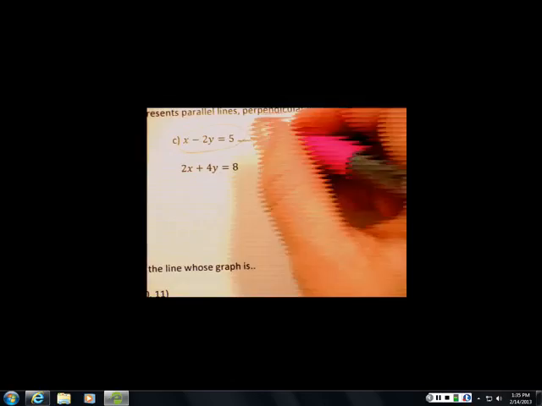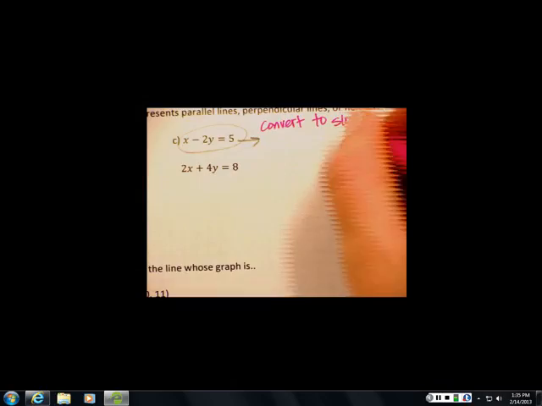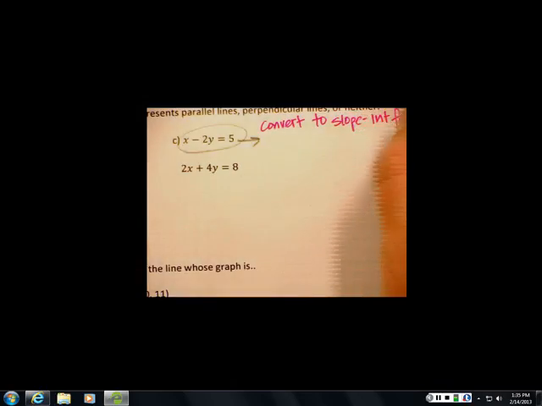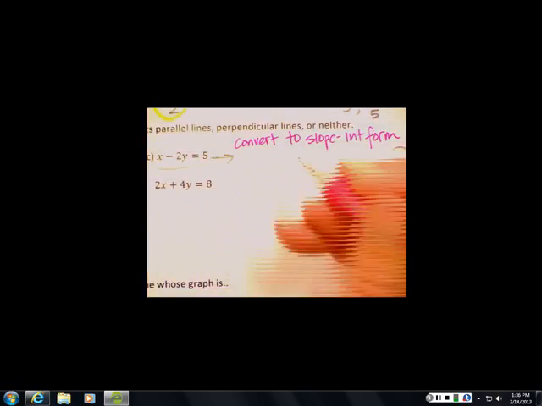What I have to do here is convert this equation into slope-intercept form, so that I can look at the slope and very clearly see that this is the slope and the other one has the same slope, so they're parallel. Or this is the slope and the other one has the opposite reciprocal slope, so they are perpendicular. Or that they don't have that relationship at all, and it would be neither. So I'll convert the first one, but you're going to have to convert the second one.